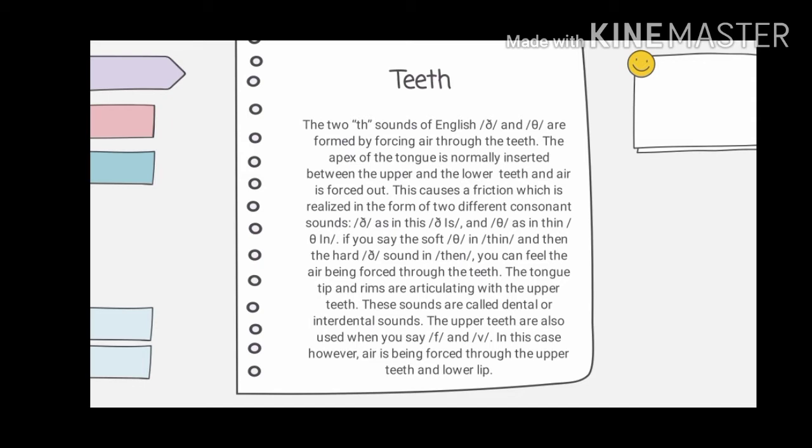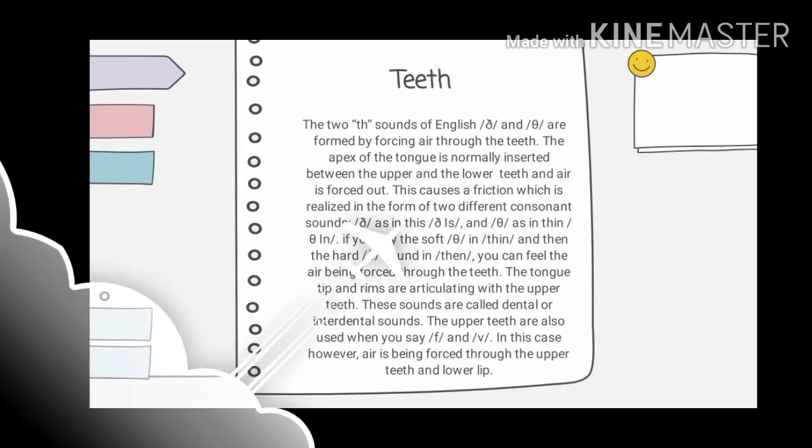The tongue tip and rims are articulating with the upper teeth. These sounds are called dental or interdental sounds. The upper teeth are also used when you say f and v. In this case, however, air is being forced through the upper teeth and lower lip.